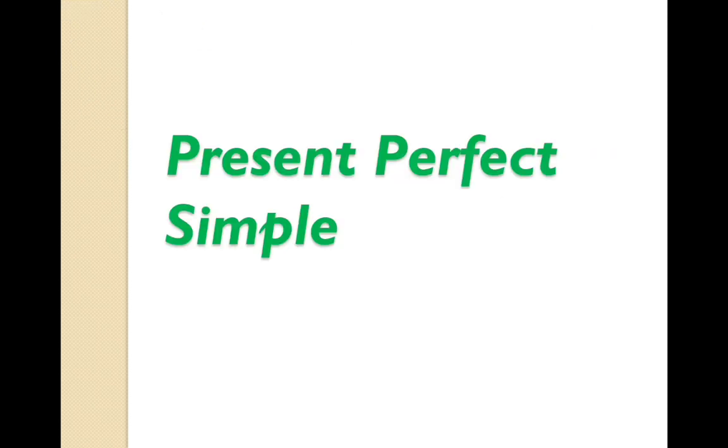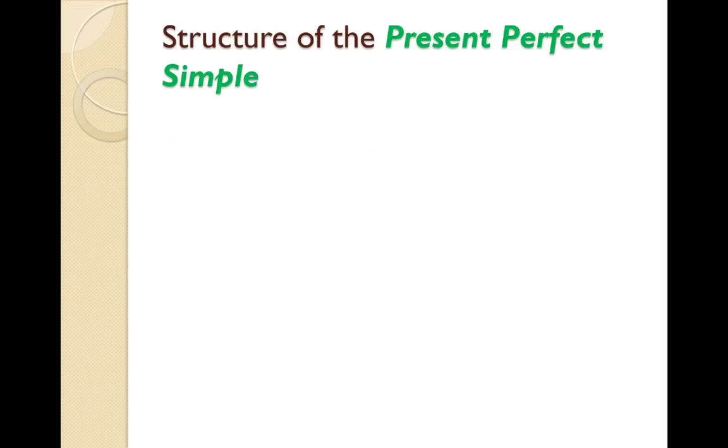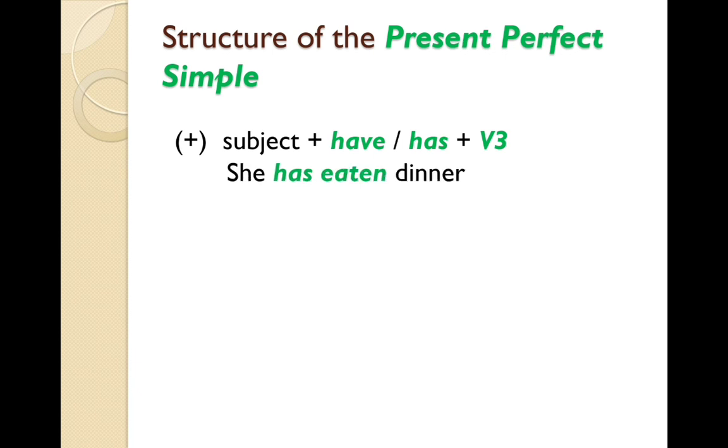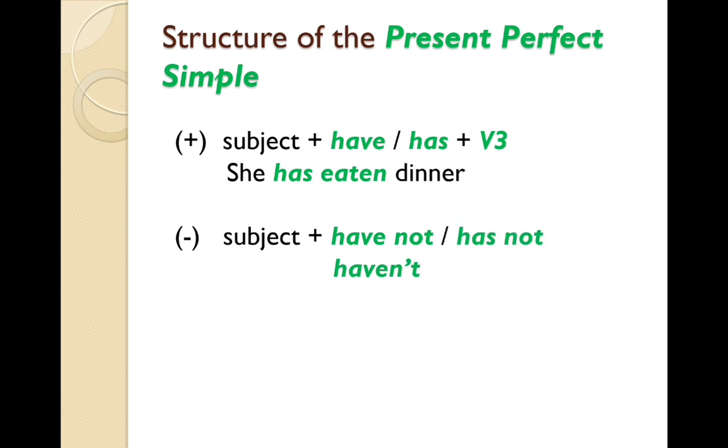Now let's look at the present perfect simple. For the structure, in positive phrases, subject plus have or has plus the past participle, which I call verb 3. She has eaten dinner. For negatives, subject plus have not or haven't, has not or hasn't, plus verb 3.